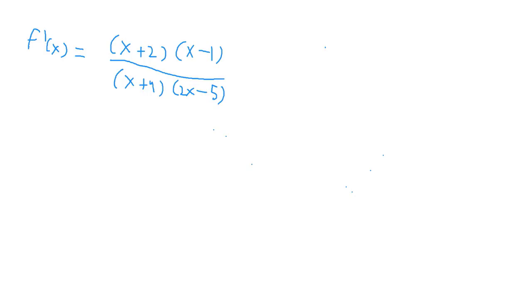From here we can draw out our number line, right? And think about all the critical points, or potential critical points rather, that lie on it. So from this x plus 2, we get negative 2, we get 1, and I'll replace this with a negative 4. I'll put a negative 2 here. And then we get 1 and 5 halves.